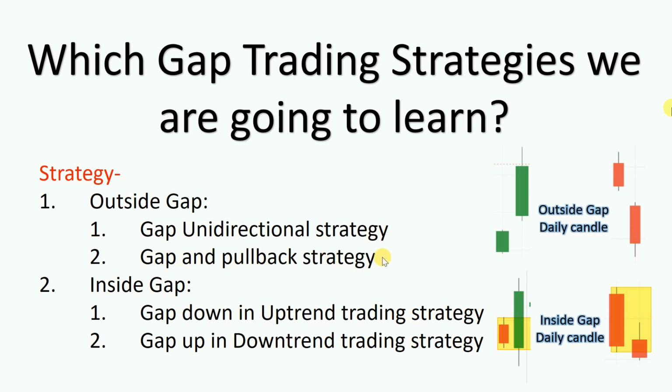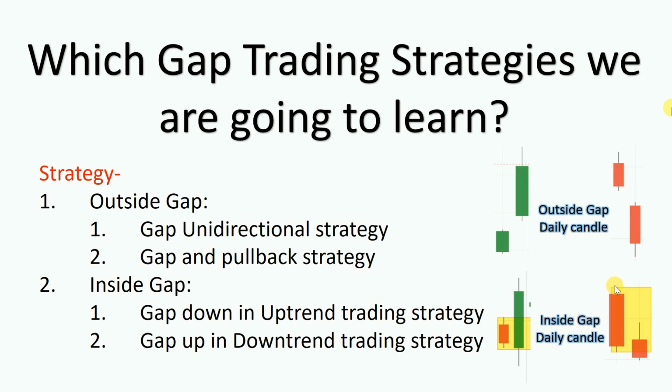The second type of gap is called the inside gap. That means the gap occurs within the range of the previous day. In this case, the gap down happens at the opening and that gap is within the range of the previous day.